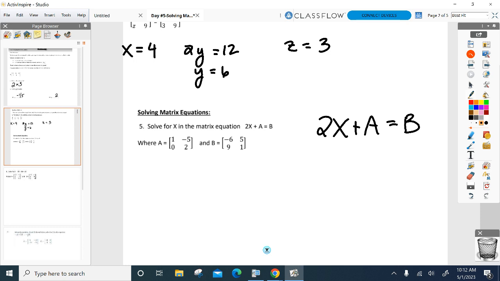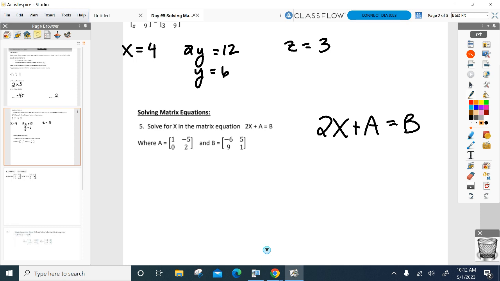I'm going to multiply your matrix by 2. I'm going to add this one to it, A, and the result I should get out should look like B. So that's what I'm asking for in these equations today. Take your matrix, multiply it by the number 2, add it to this one, and when I'm done doing that, I should get that one.